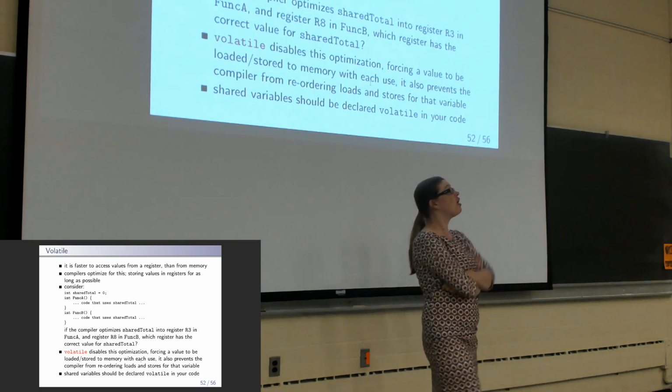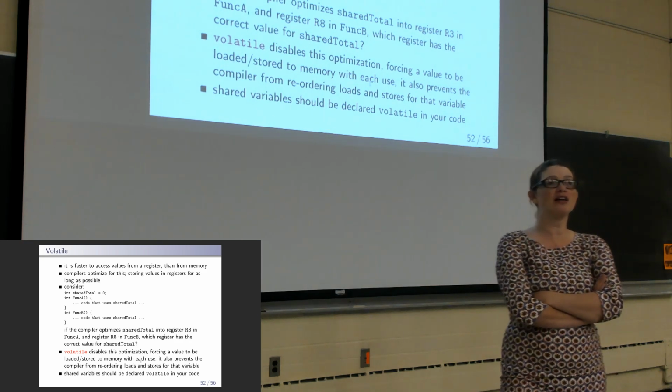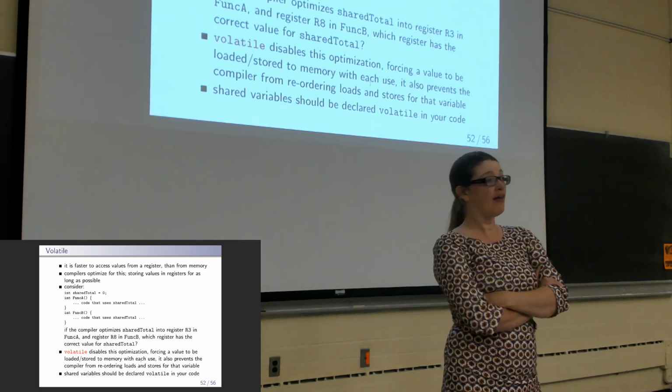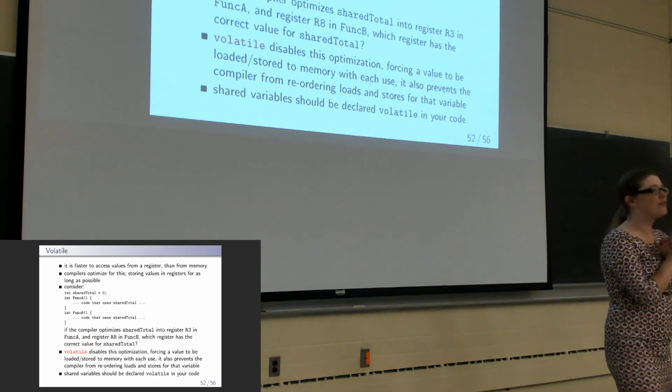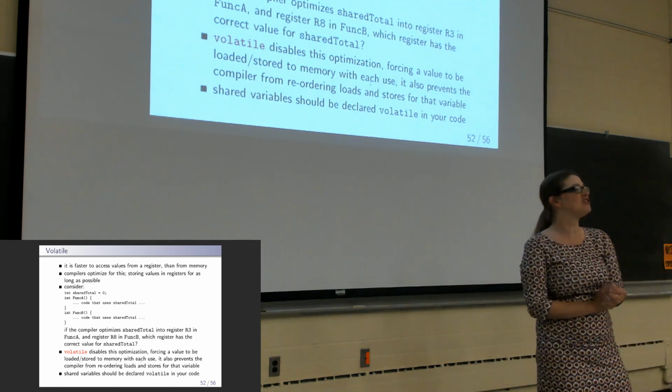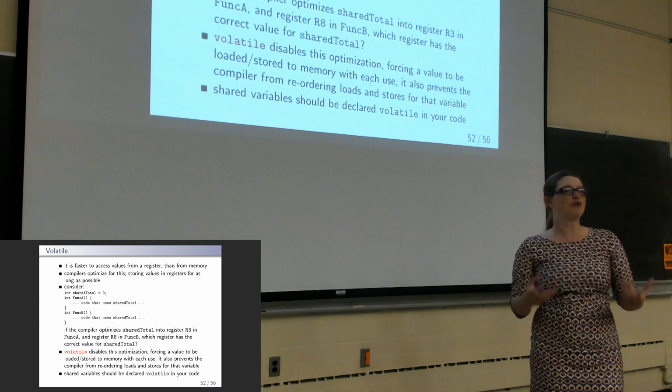Your compiler does all kinds of other things, so that is just one optimization that your compiler can do. There are others. Your compiler, as a part of its effort to reduce the total number of instructions and loads and stores, also does instruction reordering to give us better performance.